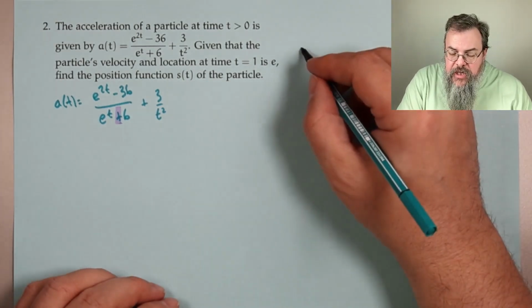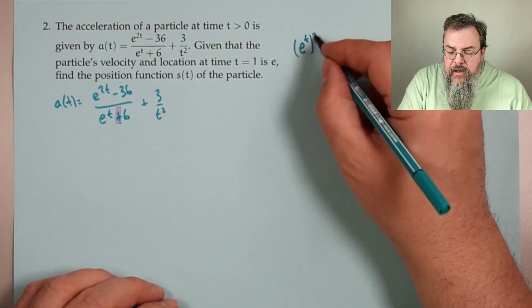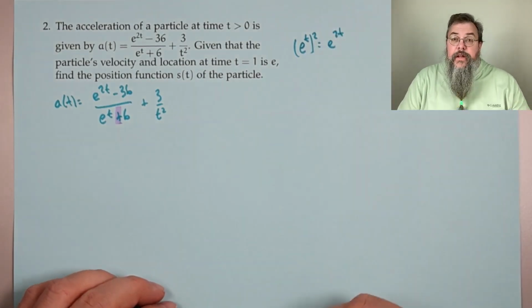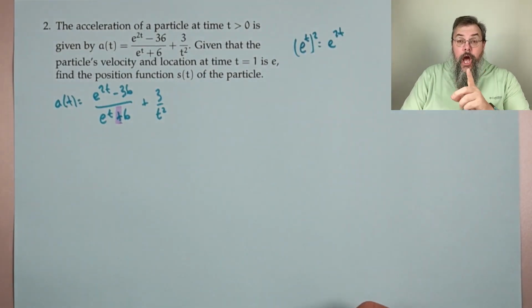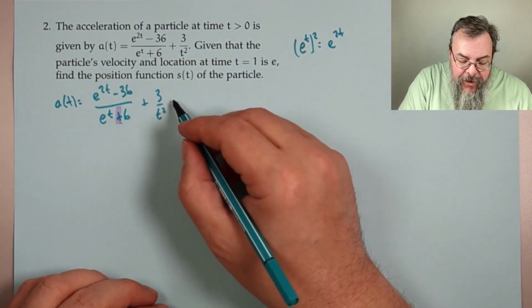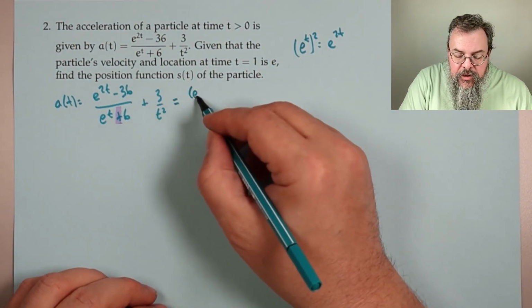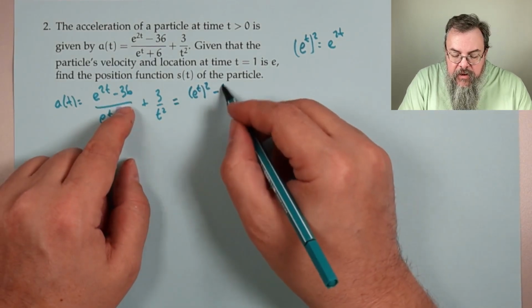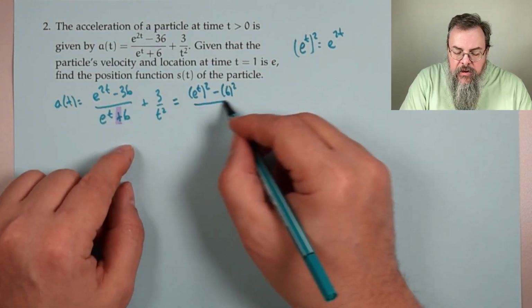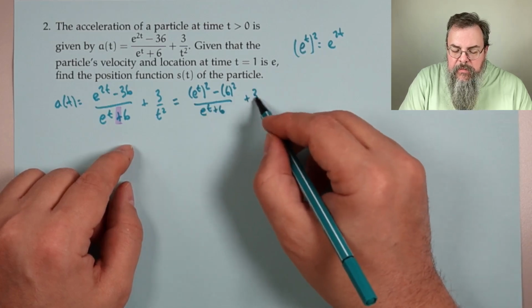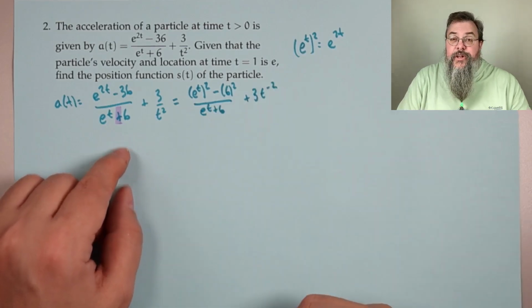In other words, let's check. e to the t squared is what? It's e to the 2t. And then all of a sudden it's like, oh, hold on. Let's write this down. So this is really e to the t squared minus, I'll write it as 6 squared over e to the t plus 6. And this last part, I'll just write that as 3t to the minus 2.